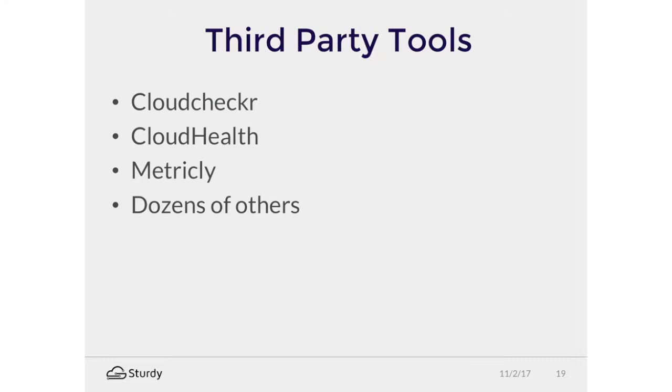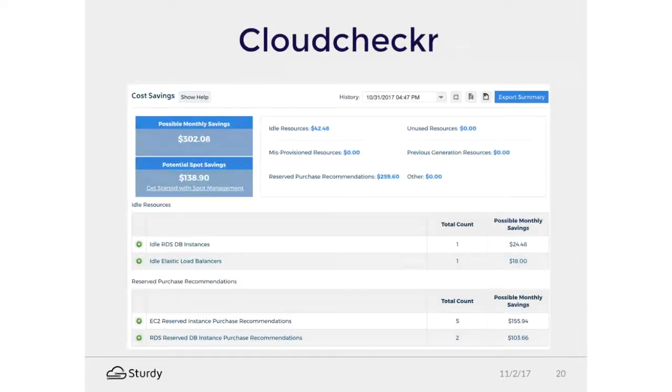Then there's a bunch of third-party tools. I listed three that I've run into recently, but there are dozens of others. I'll show you some screenshots from the first tool. We have a partnership with CloudCheckr, and we use CloudCheckr on all the accounts that we manage. It looks like this.